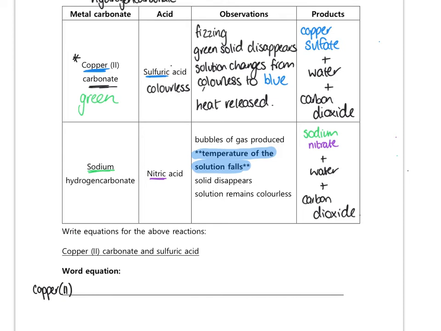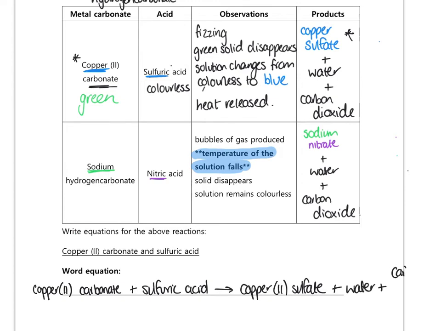The 2 just tells me the valency of the copper since it's in the transition metal block. Copper carbonate plus sulfuric acid. Okay, and then my products are in this box here. So we've got copper sulfate, and it'll be copper 2 sulfate again, and water and carbon dioxide.